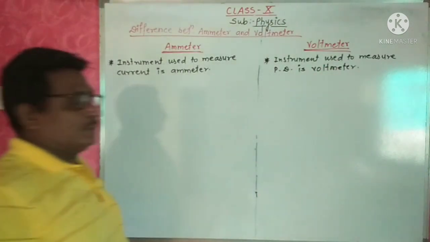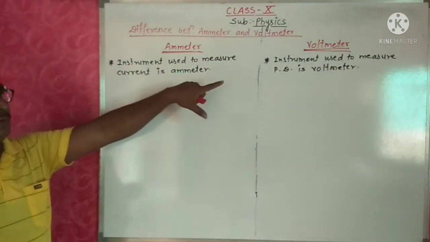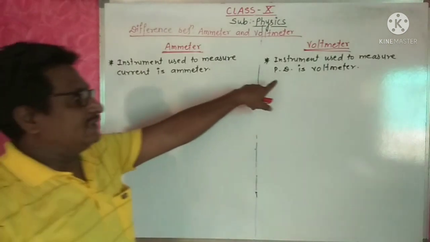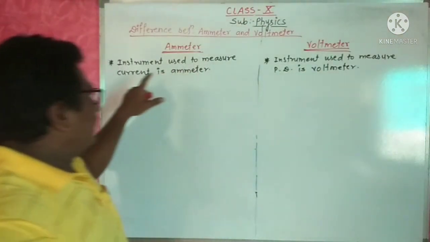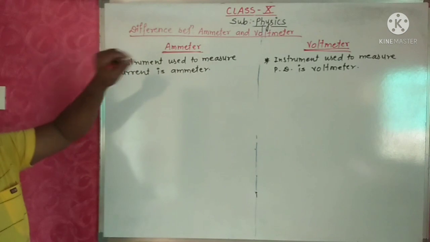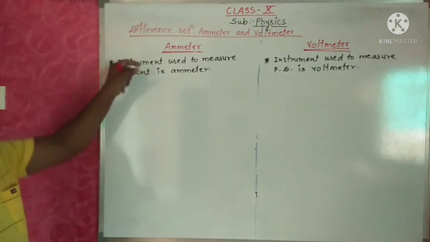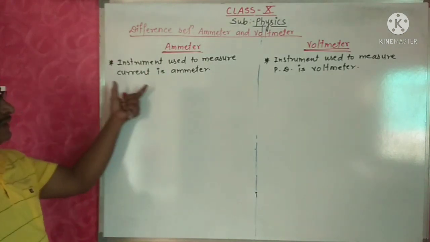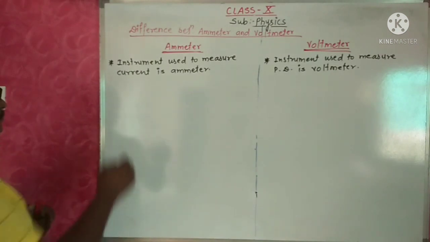For measuring the potential difference, whatever instrument is used, that instrument is voltmeter, and the instrument for measuring the current, whatever instrument we are using, that is the ammeter.